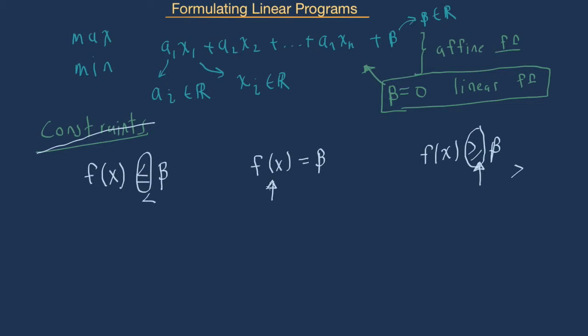And these functions are linear functions, so for example, they could be something like 5x1 plus 3x2. That's an example of a linear function. We'll go over some examples of what are linear programs and what are not.